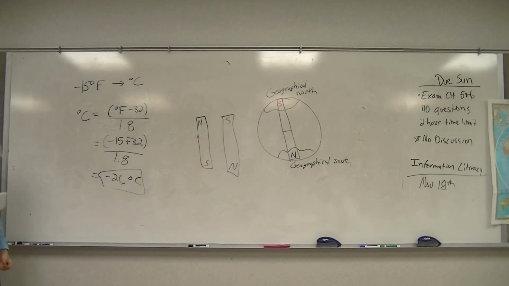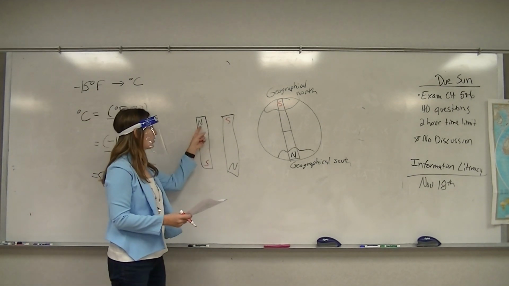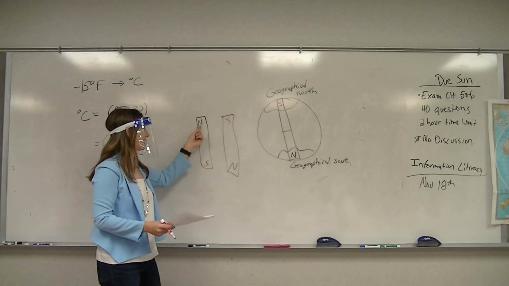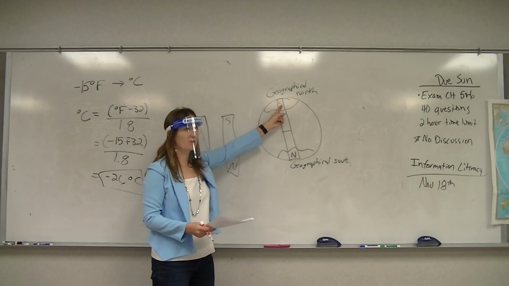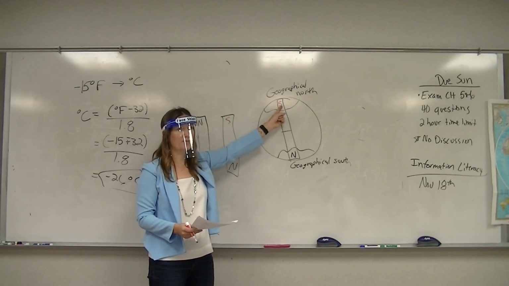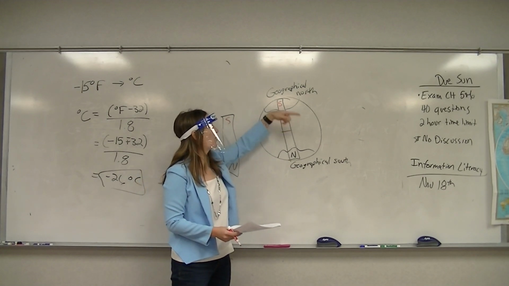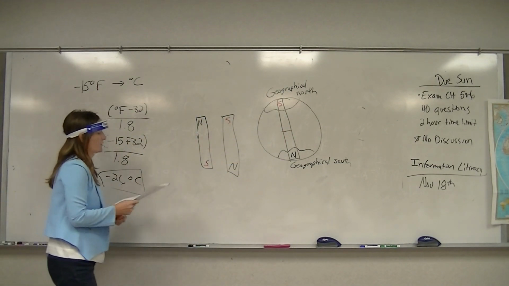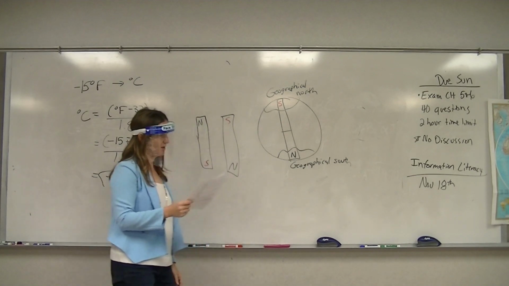So all of the above is the answer for that one, because the north pole of a magnet is attracted to the south pole of another magnet, but also to the Earth's magnetic south pole, because they're opposite. And since the Earth's magnetic south pole is its geographical north pole, all of them are true, all of the above.